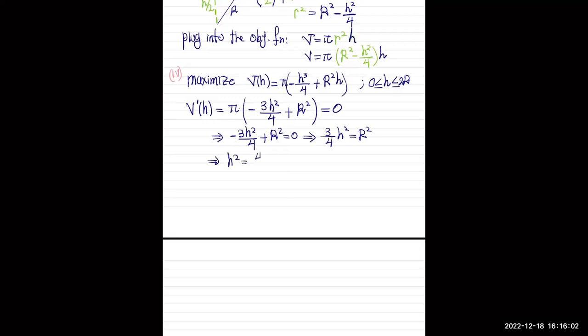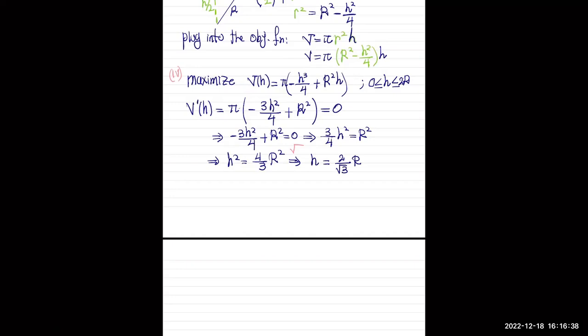So h squared is 4/3 capital R squared. Take the square root to get h equal to, you don't need a plus or minus because we're talking about length. h is root 4, which is 2, over root 3, and the root of R squared is R again. Don't use absolute value or plus or minus because R is positive. That's our critical value.